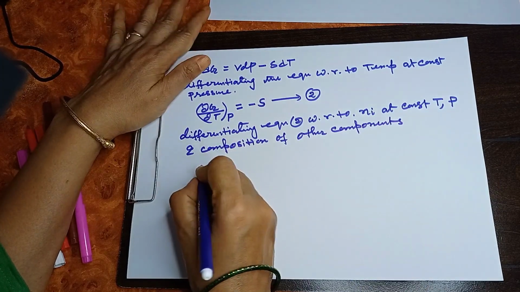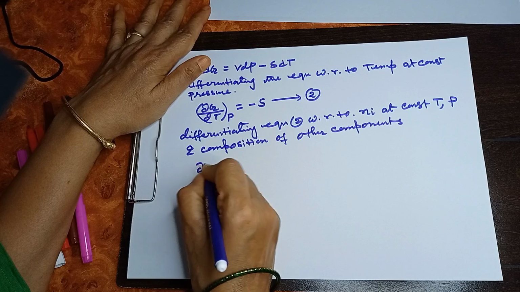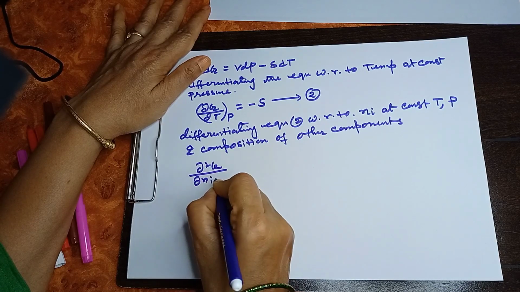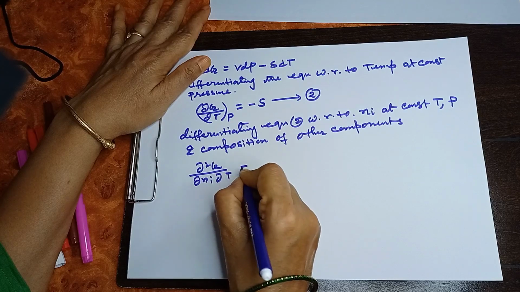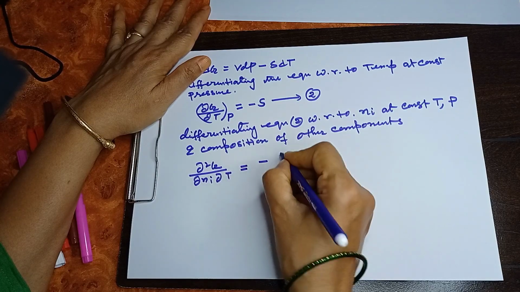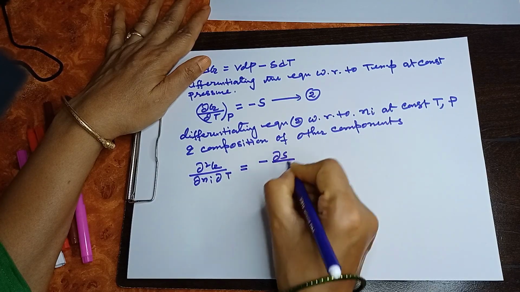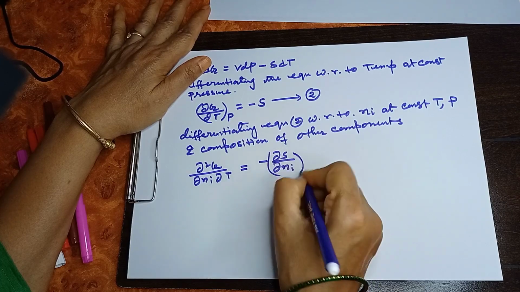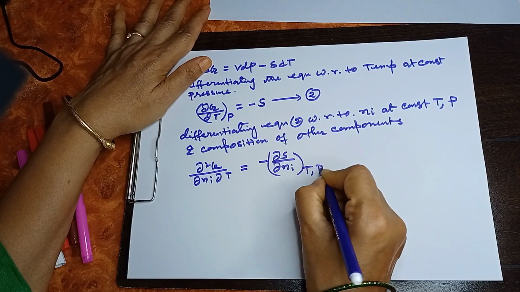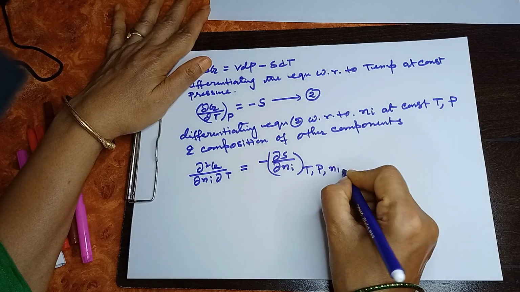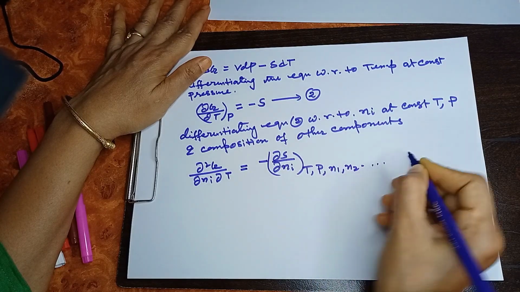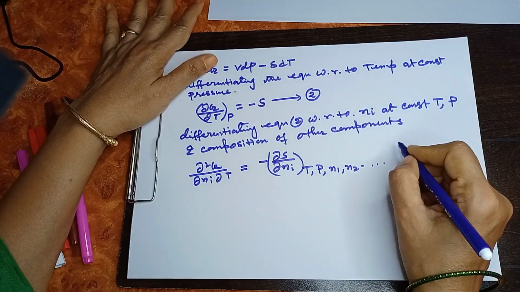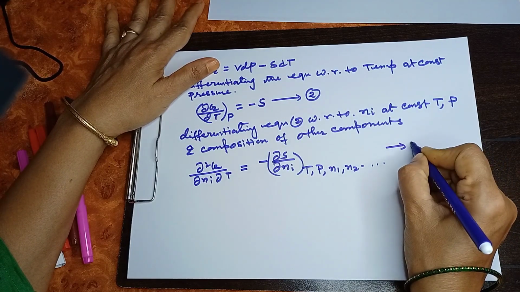This will be dou square G by dou Ni dou T is equal to minus dou S by dou Ni at constant temperature, pressure, and the number of moles of other components. Say this is my equation number 3.